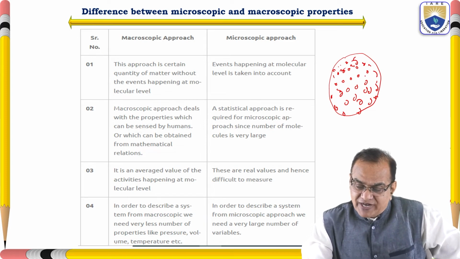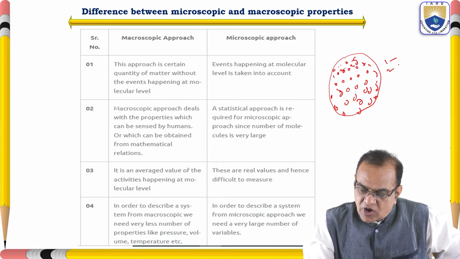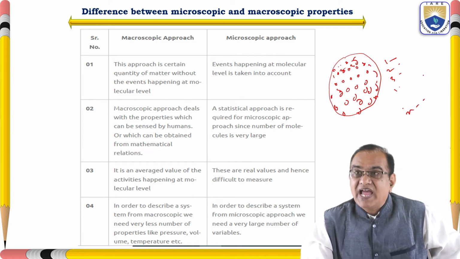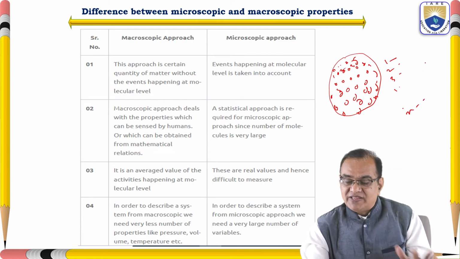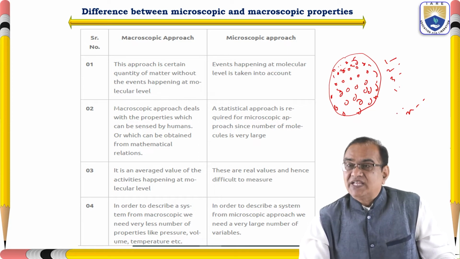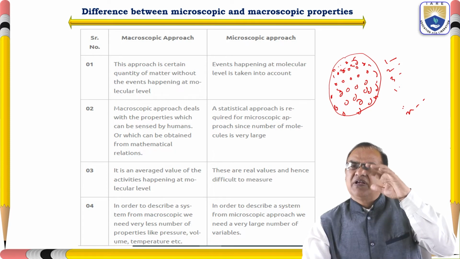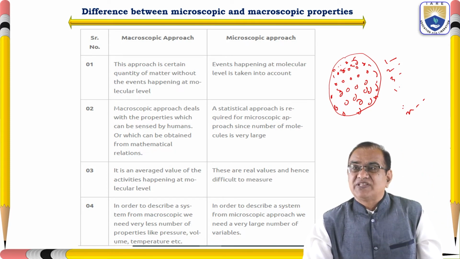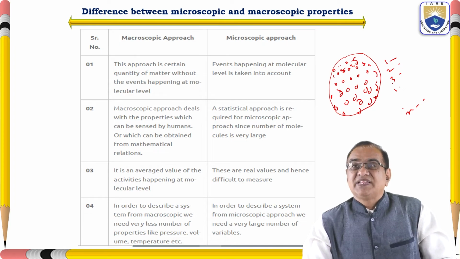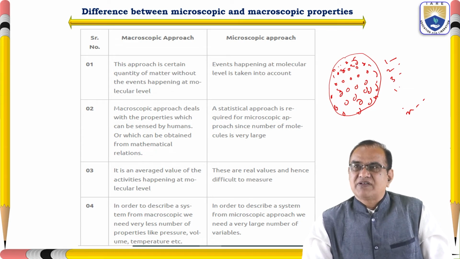If I am calculating for each molecule, how much for 1, how much for 2, 3, 4, up to n, and how much kinetic energy each has. You know that in a system there are millions of atoms, and for each atom, calculating how much velocity, how much kinetic energy, is a very difficult task. That is why normally in classical thermodynamics, we take the macroscopic approach.